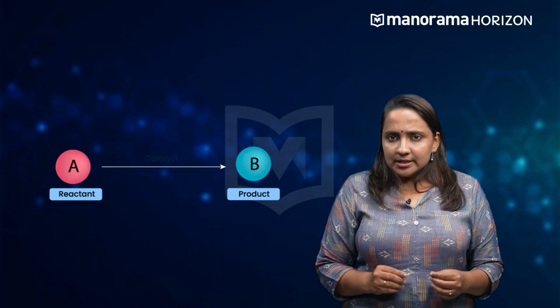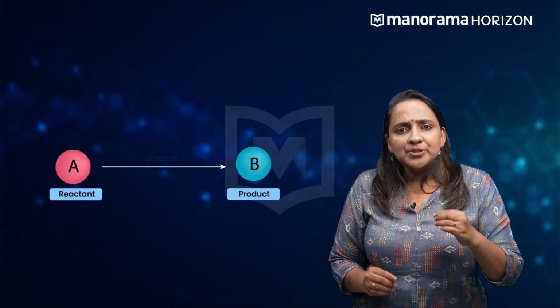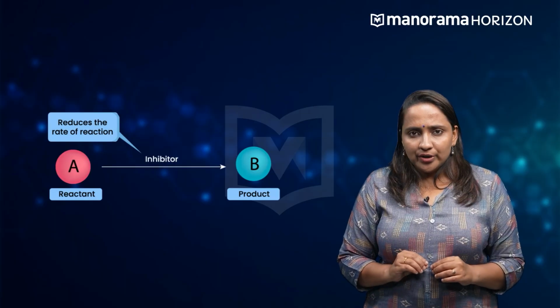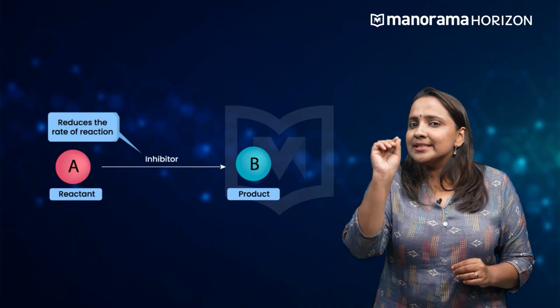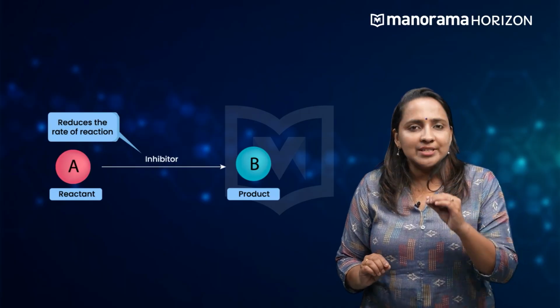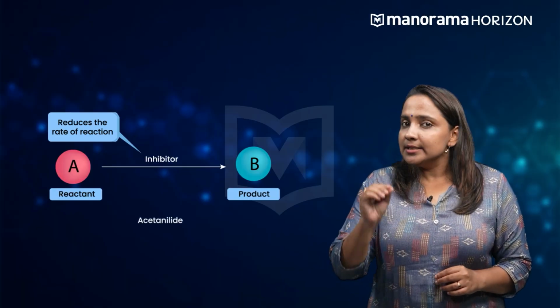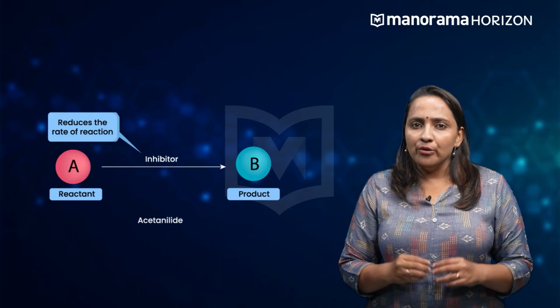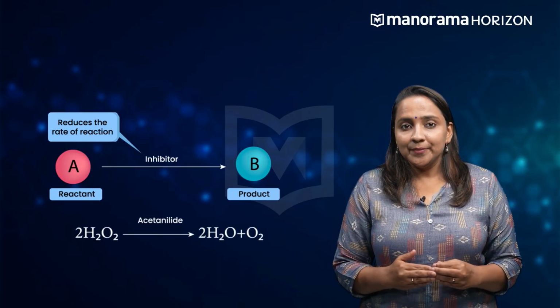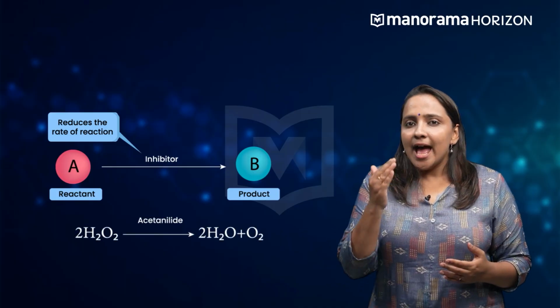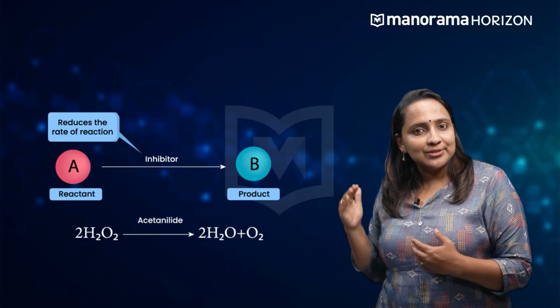On the other hand, if the added substance reduces the rate of reaction, the substance is then called an inhibitor. For example, acetanilide can decrease the rate of decomposition of hydrogen peroxide. Hence, acetanilide acts as inhibitor in this reaction.